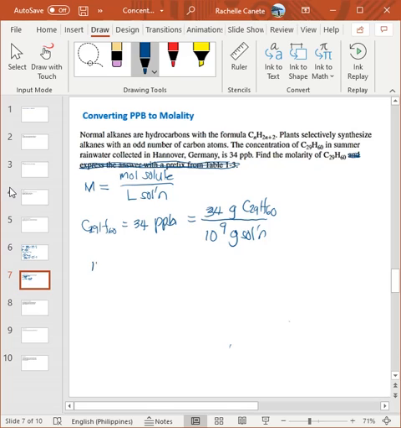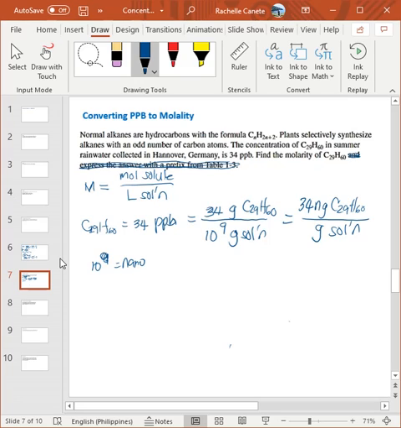Okay, so you should know this, 10 to the 9 is nano. So, that means we have 34 nanograms of C29H60 for every gram of solution, right?